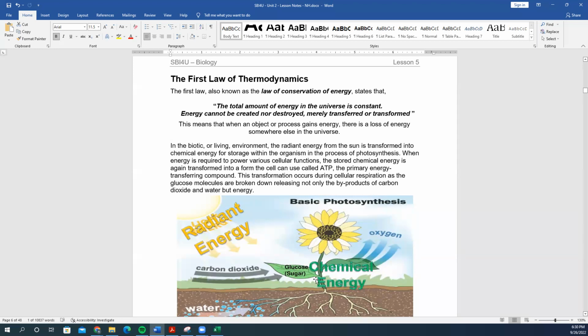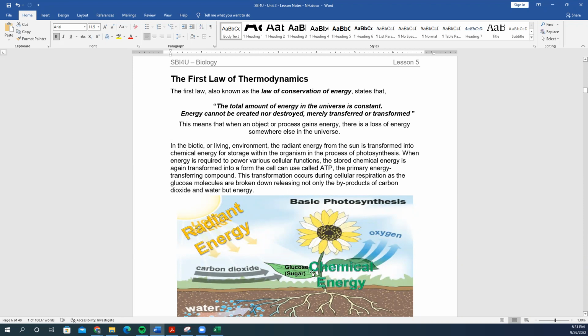And now this plant that has this chemical energy stored up, when this energy is then required to power various cellular functions and the growth of this plant, for example, that stored chemical energy is again transformed to a form that the cell can use.